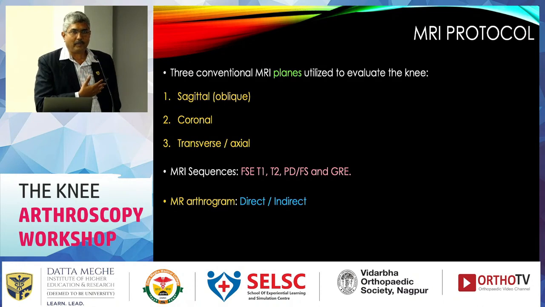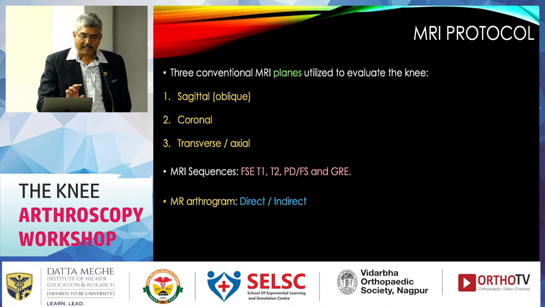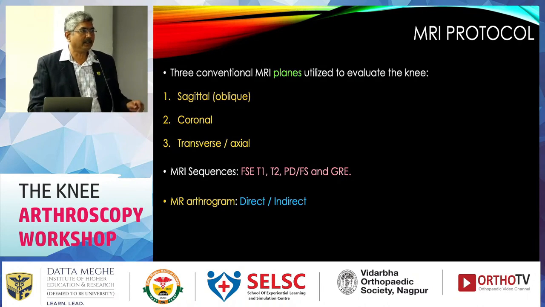Then again moving to MRI, in acquisition we are taking 4 planes. So what are these 4 planes? Normal planes you all know, that is sagittal, coronal and axial or transverse. These planes are done in almost every MRI. But in the knee joint, we are taking one special sequence, and that is sagittal oblique.